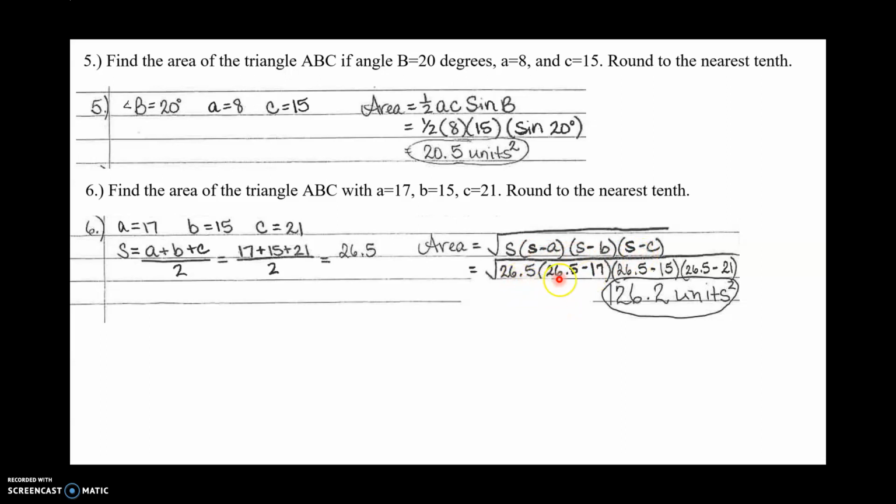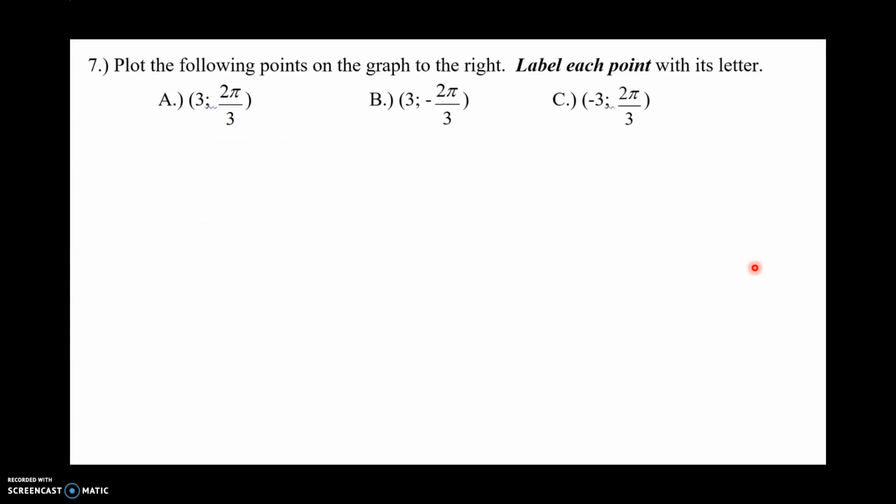So here's S, and then S minus the first side, S minus the second side, S minus the third side. Put that whole thing in my calculator and take the square root, and I'll have the area of my side-side-side triangle.